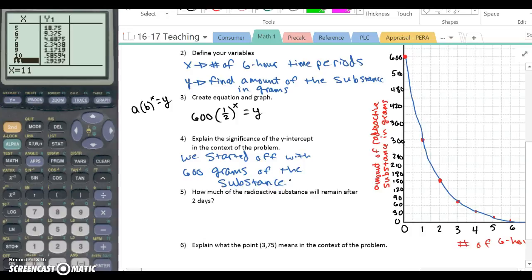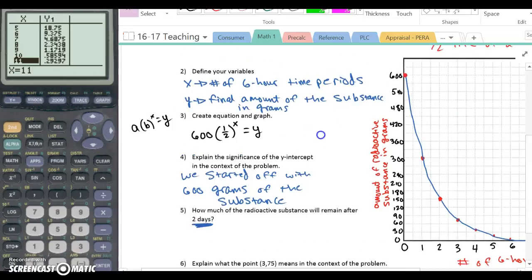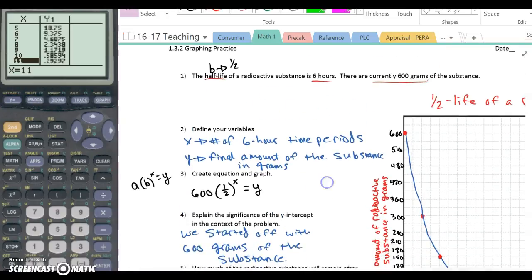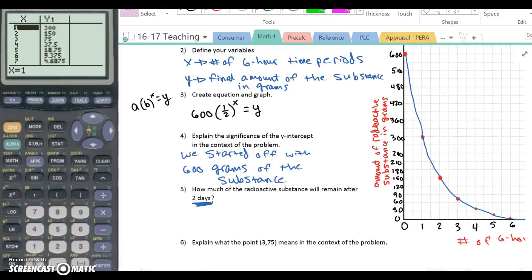How much of the radioactive substance will remain after 2 days? Okay, so don't get tricked here. We're talking 2 days. Well, every x that we increase by is actually 6 hours. So instead of asking about 2 days, why don't I ask about after so many hours? How many hours is 2 days?